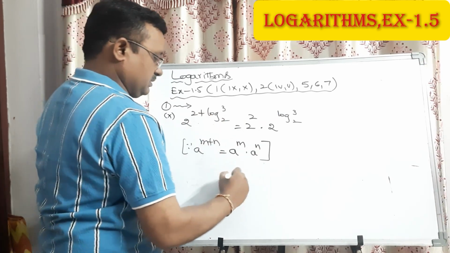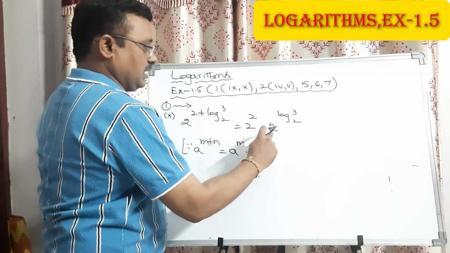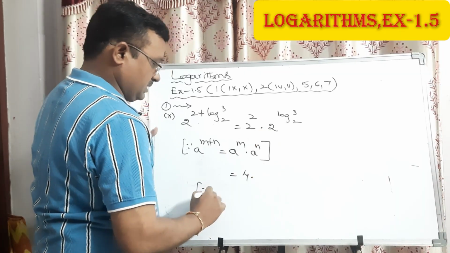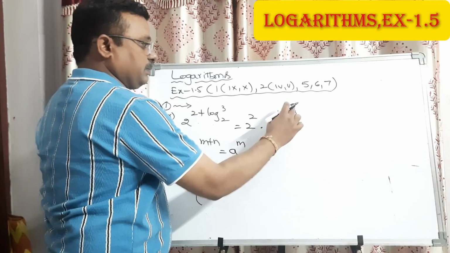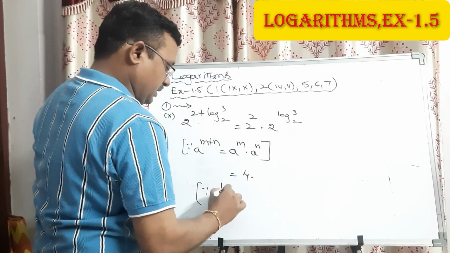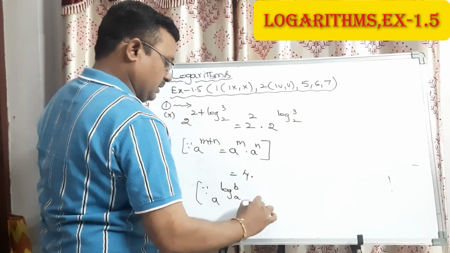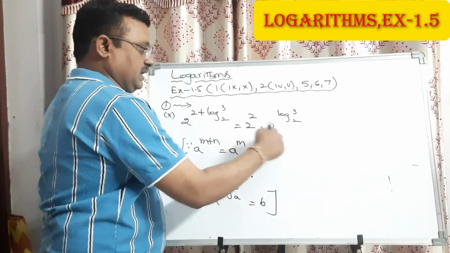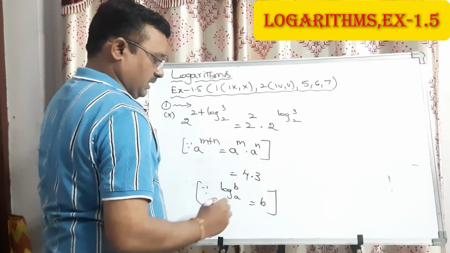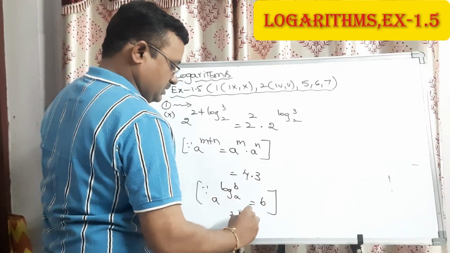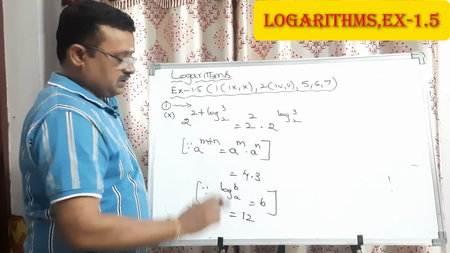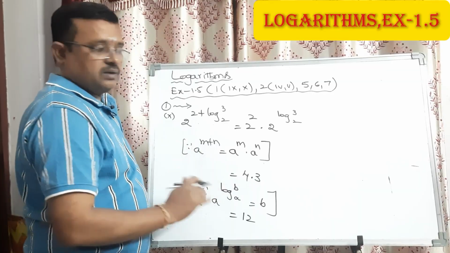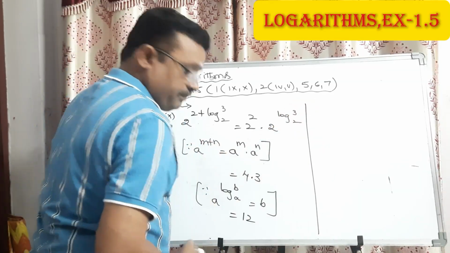According to this formula, this is equal to 4 into, now it looks like the formula a power log b base a, which is equal to b, one of the most important formulas. By that its value is equal to 3. 4 times 3 is 12. That's it, the problem ends. With this formula and this formula we need to write. Is that clear?